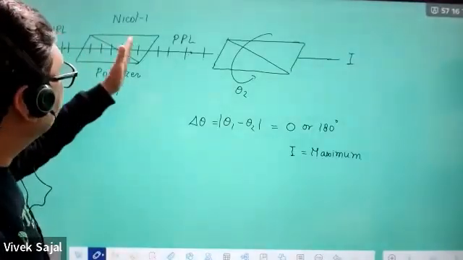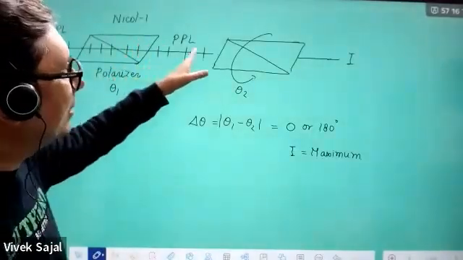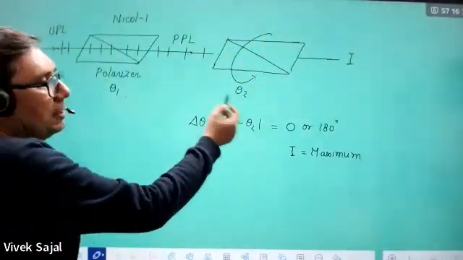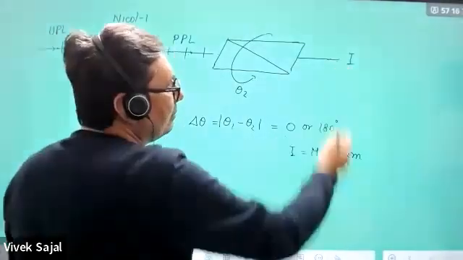If unpolarized light is incident on the Nicol, you pass it through and rotate it. When the angle between the two is 0 or 180 degrees, the intensity will be maximum.